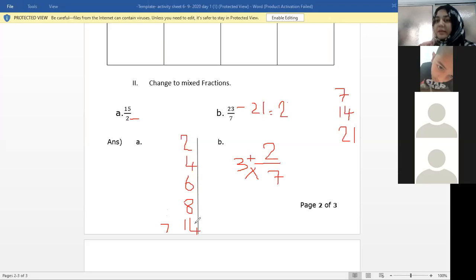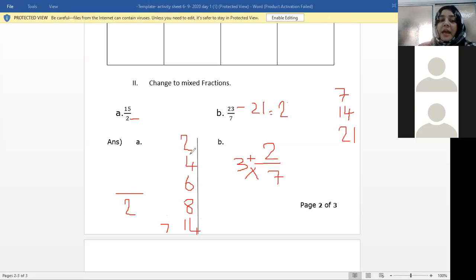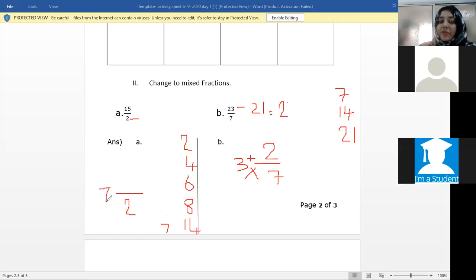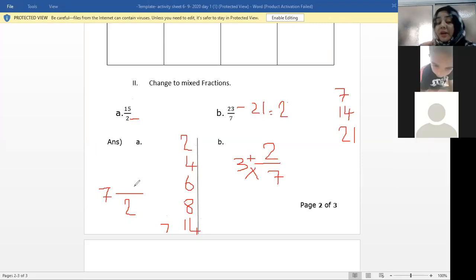Okay. 14. Got it, beta? Now you will write the denominator the same. This denominator is the same as it is written in your question. And 7 is the answer on which you got 14. You will write it as the whole part. Plus, which number? Now how will you remember what number to write over here?